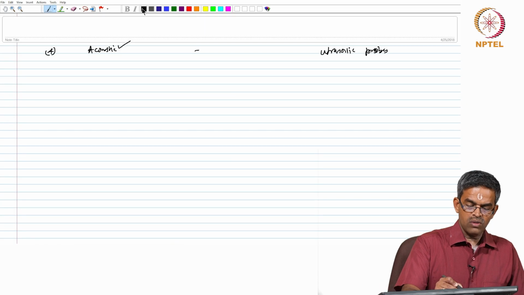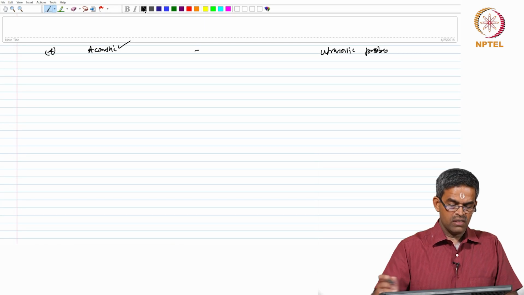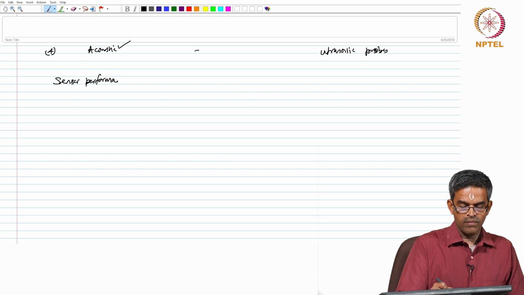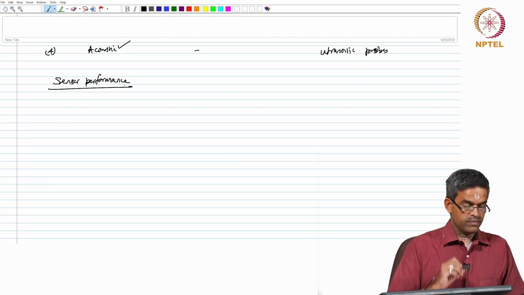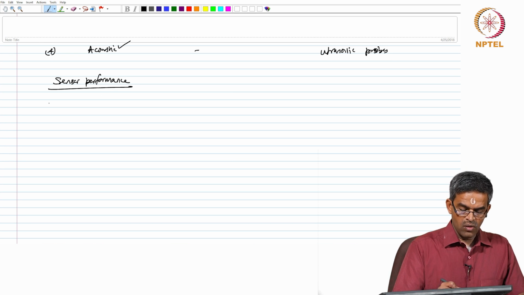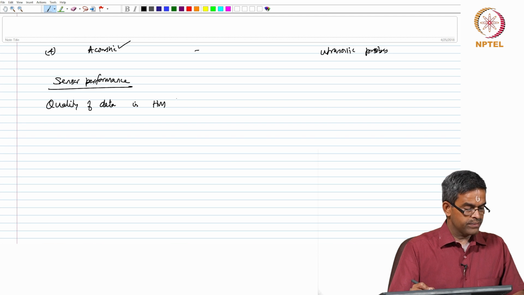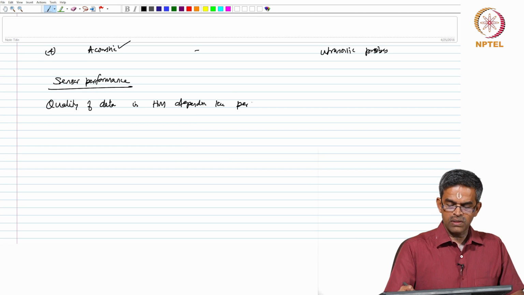Now, let us talk about how these factors affect the sensor performance. We all know that the quality of data in health monitoring depends on the performance of the sensors.